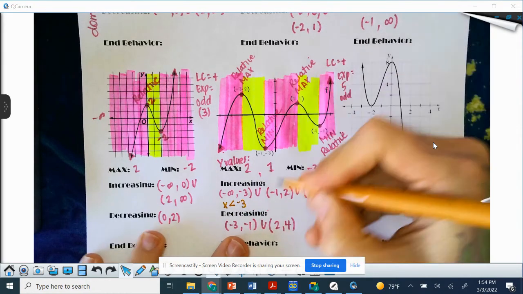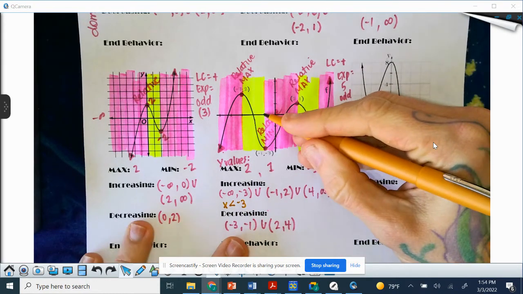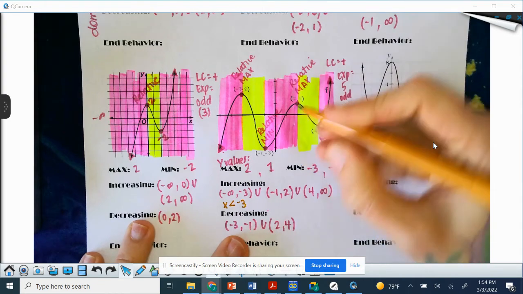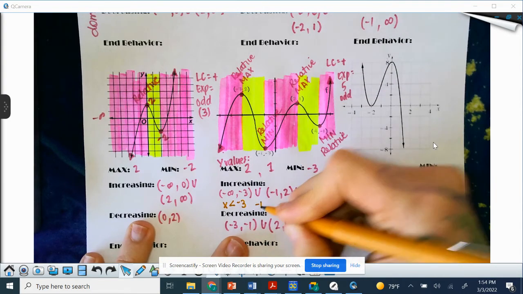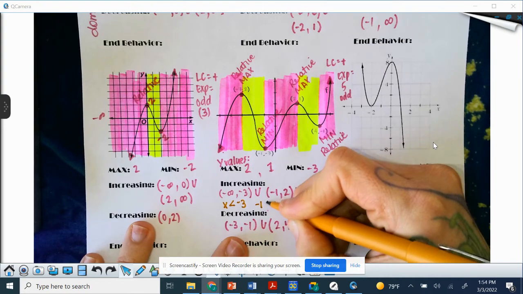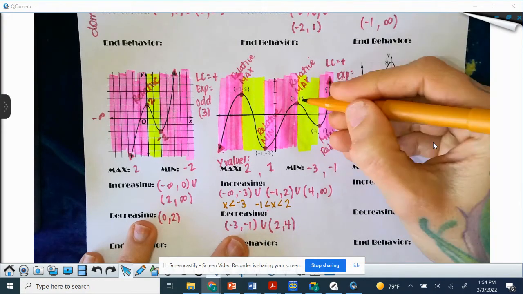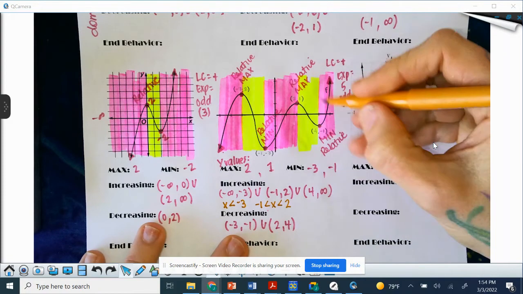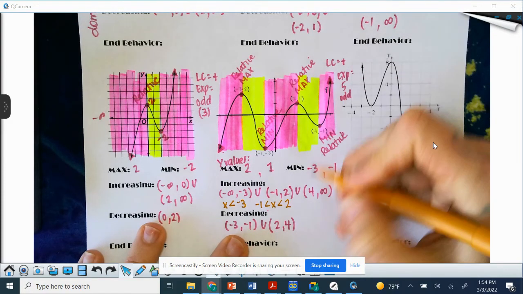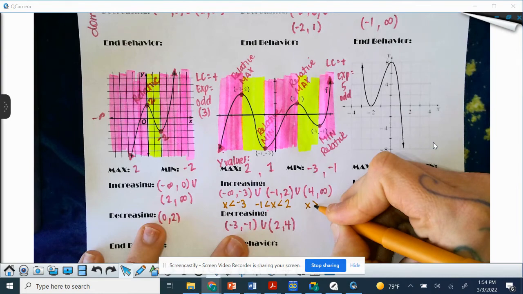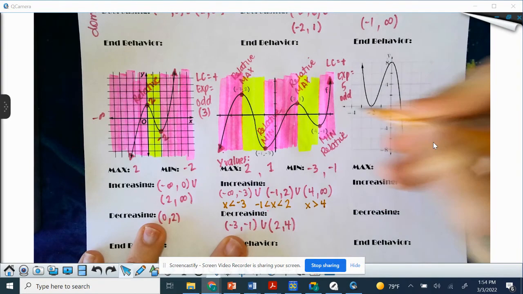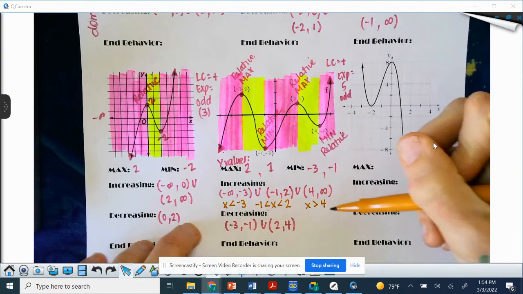And then for all the values from -1 to 2, -1 is the smallest, so x is greater than -1 but less than 2 is going to be our interval of increase here. And then from 4, all the values that are greater than 4, that's everything to the right. Both notations are correct, whether it be parentheses or your inequalities.